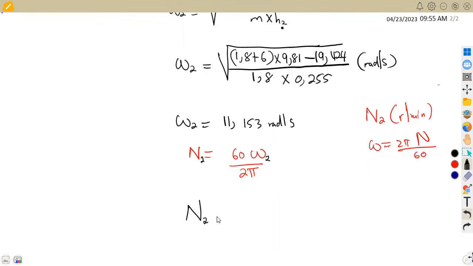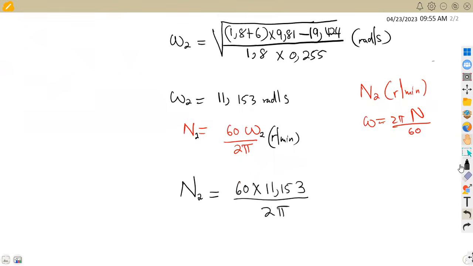So that means n2, which is our maximum speed, is 60 times omega 2, which is 11,153, over 2 pi. So this is going to be 2 pi. So by doing this, you are obtaining n measured in revs per minute. All right, so this is going to be your n in revs per minute.